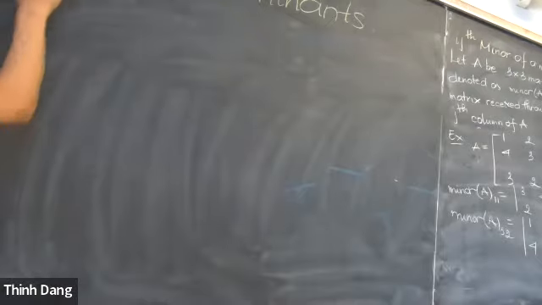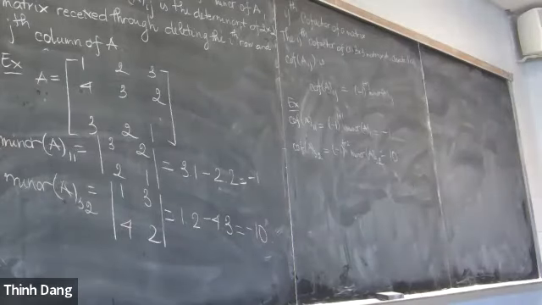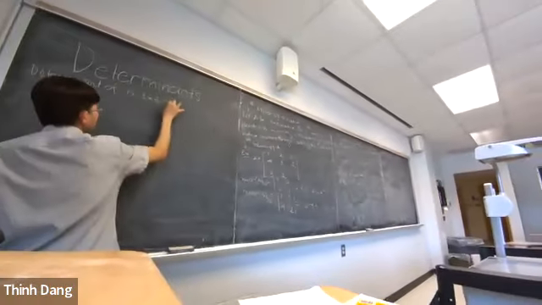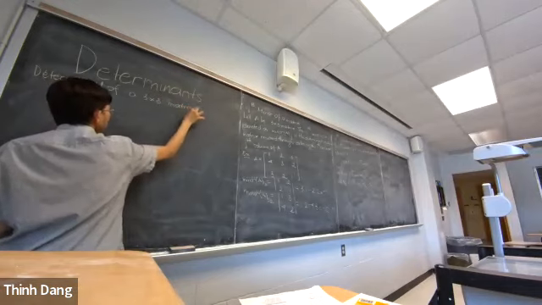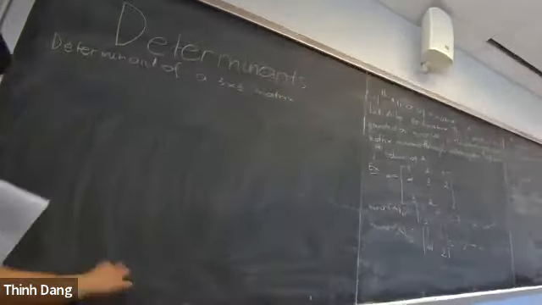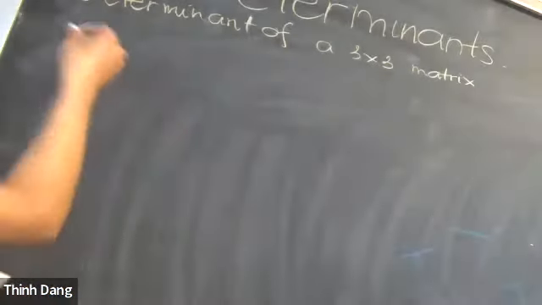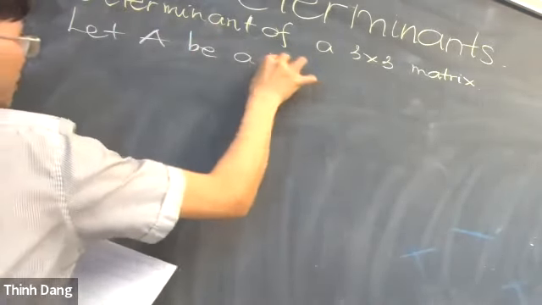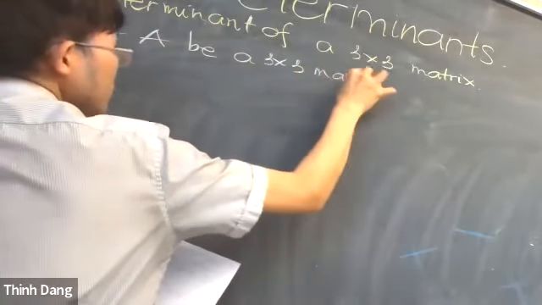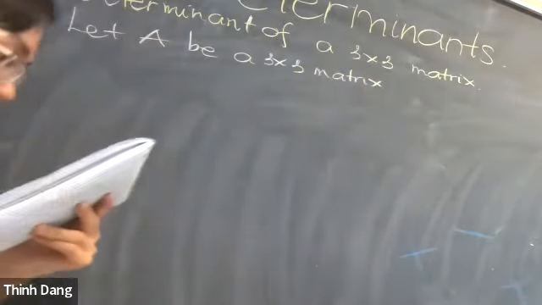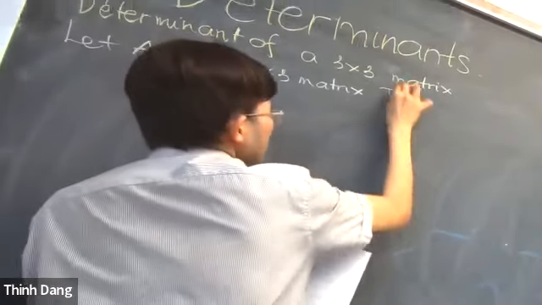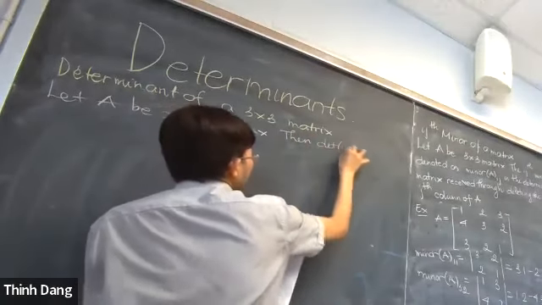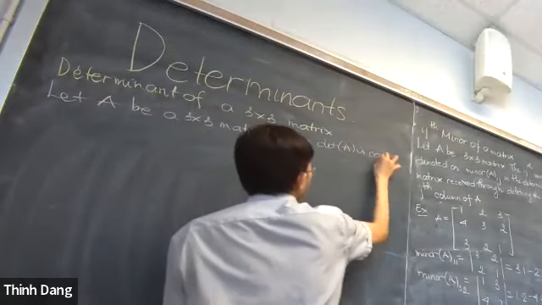So, the determinant of a 3 by 3 matrix. Start with a 3 by 3 matrix. Let A be a 3 by 3 matrix. Then the determinant of A is calculated as follows.